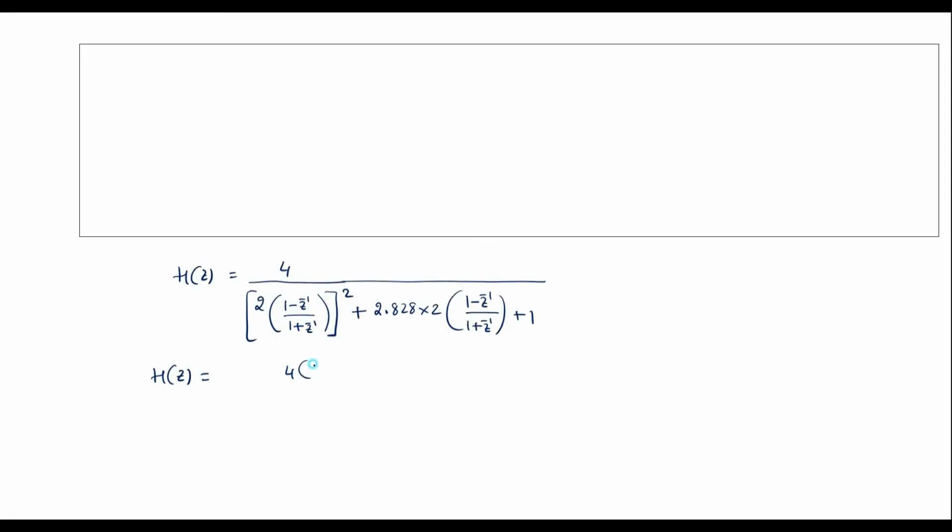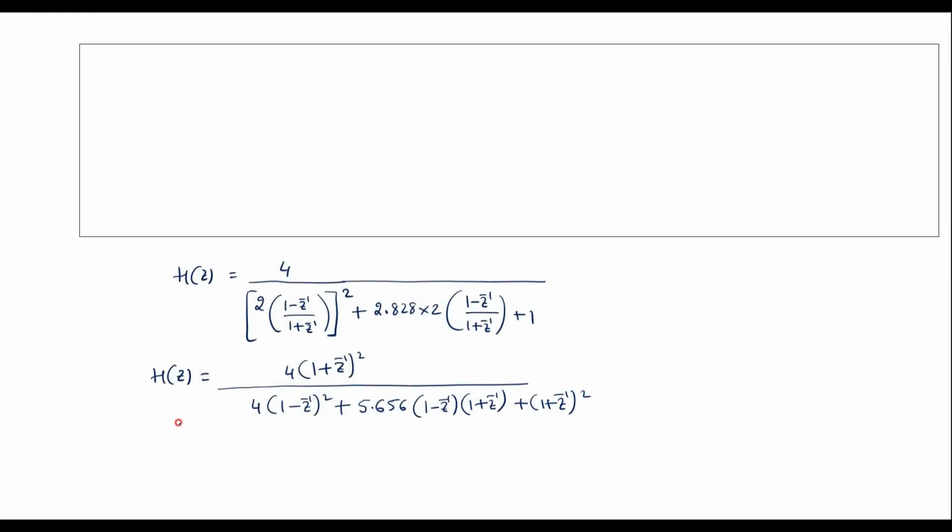So I can write 4 (1 plus z inverse) square, and on the denominator I can write 2 square, that is 4, into (1 minus z inverse) square, plus 2.828 into 2, it gives 5.656, times (1 minus z inverse)(1 plus z inverse), plus 4 multiplied with (1 plus z inverse) square.